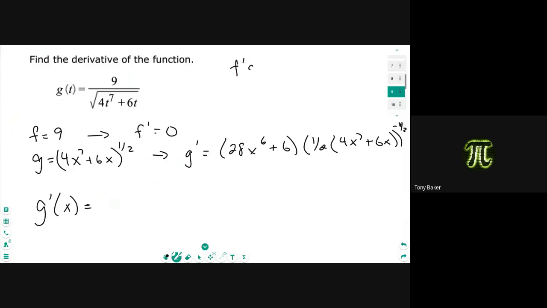So the f prime of g that I have first is gone. So I just have negative 9 times. Actually, I can pull out that half. So 9 halves, 28x to the 6 plus 6, 4x to the 7 plus 6x to the negative 1/2.